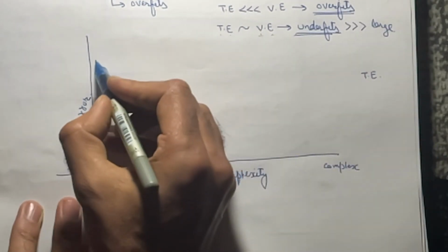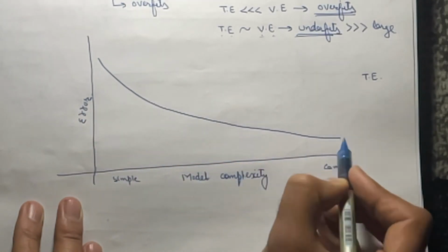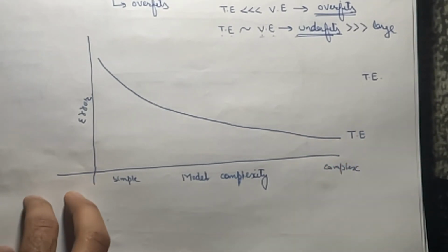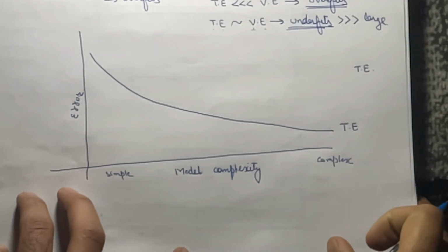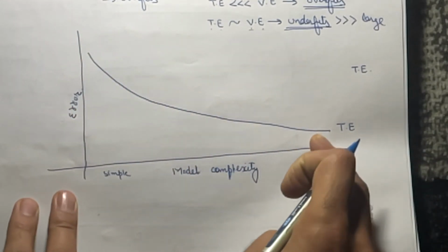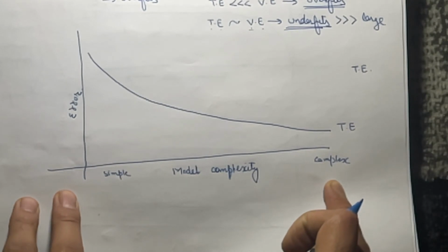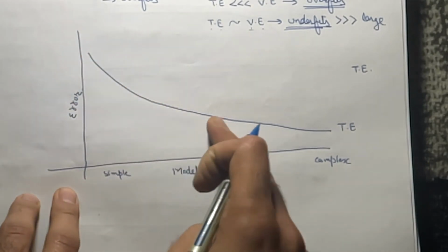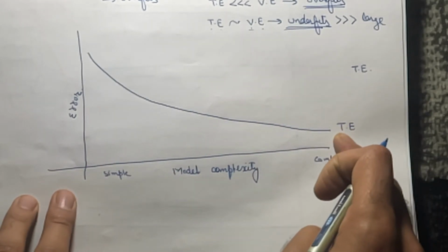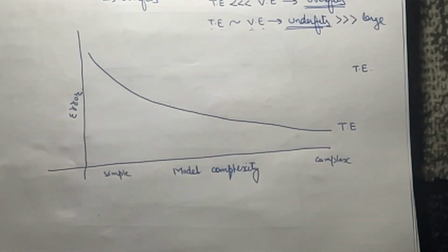We already discussed it, so it is like this. What I mean to say is that training error is decreasing with model complexity. Such a model where the training error is behaving like this may overfit or underfit. We will discuss that in a couple of minutes.